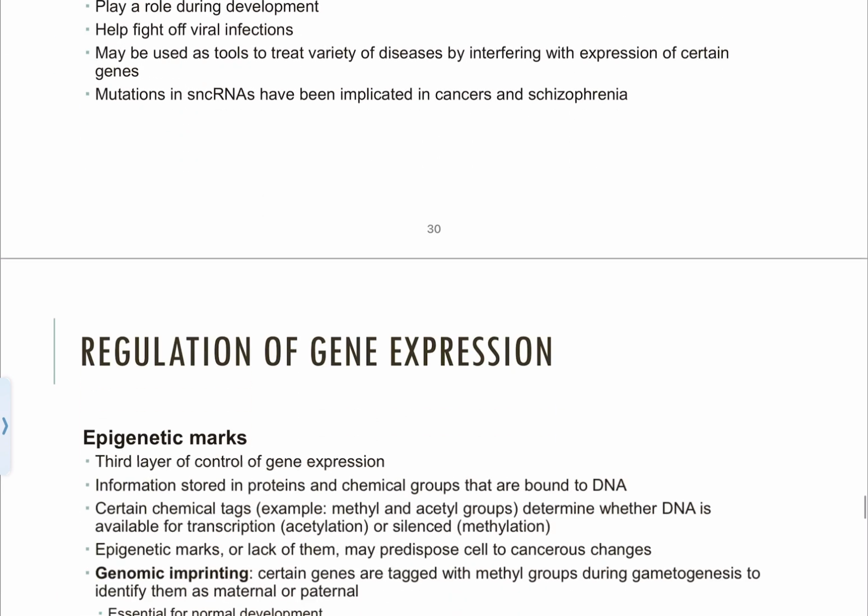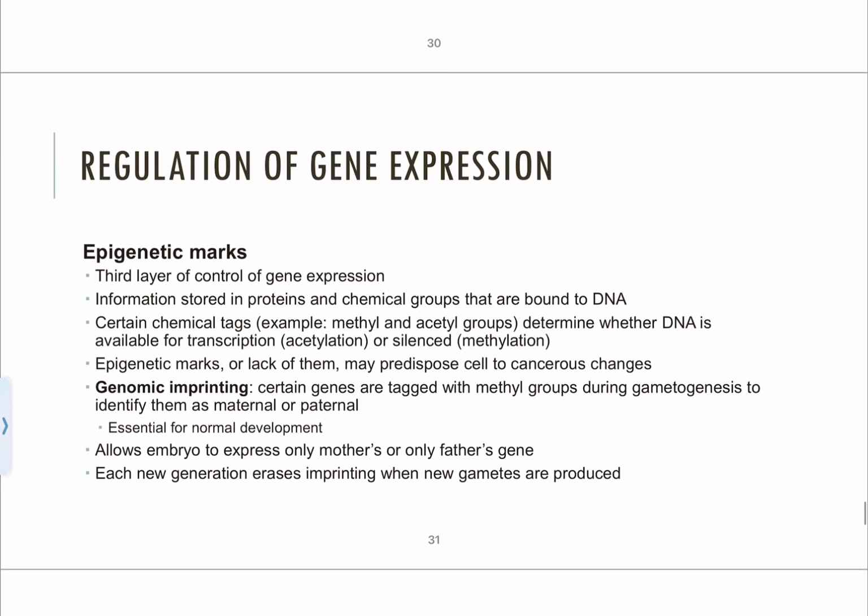They also help fight off viral infections, and they are being used, as I mentioned previously, as tools to treat a variety of diseases by interfering with the expression of certain genes. If we have any mutations in these small non-coding RNAs, these have been linked to cancers as well as schizophrenia.